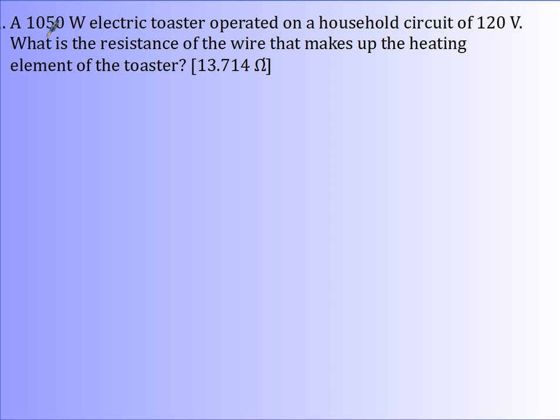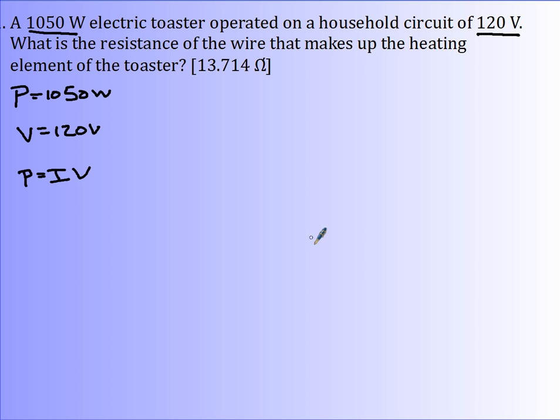Now, I have a 1050 watt electric toaster that operates on a circuit of 120 volts. All right, so my power is 1050 watts, and the voltage is 120 volts. What is the resistance of the wire that makes up the heating element of the toaster? Well, let's see. P is IV.